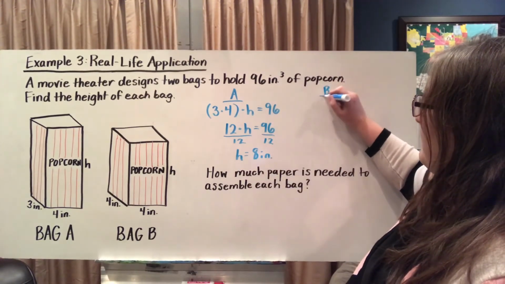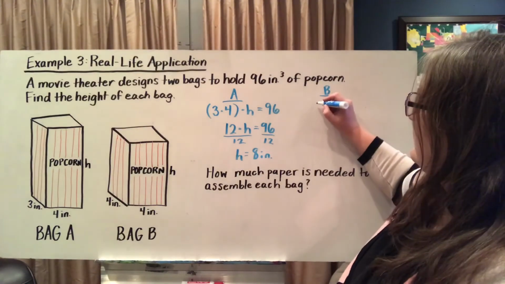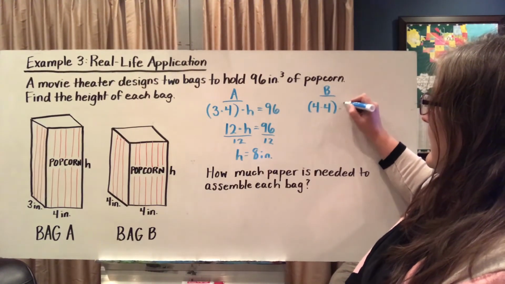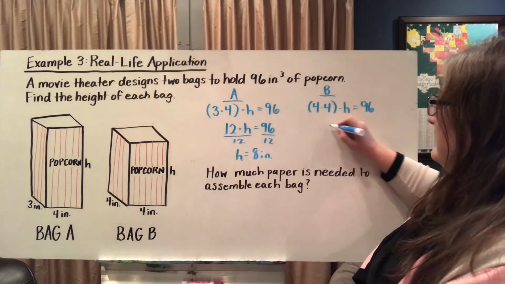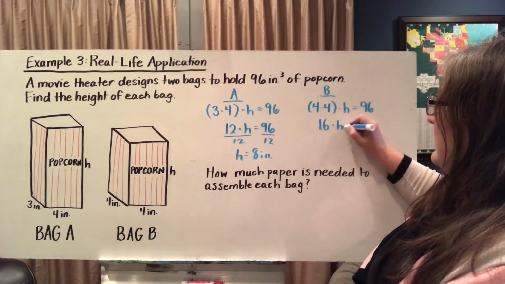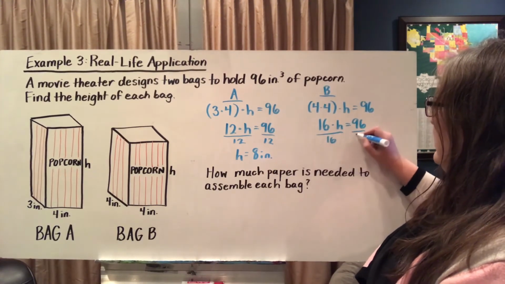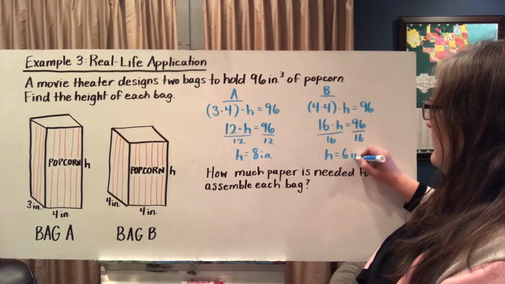Let's take a look at bag B. So bag B's base is 4 by 4. It's a square bottom. So 4 by 4 times however high it's going to be is going to give us 96. So I'm going to get 16 times h equals 96. I can divide each side by 16, which gives me for my height a total of 6 inches for bag B.